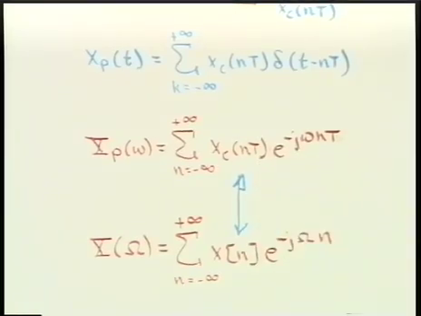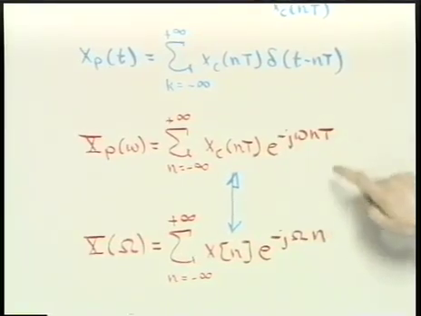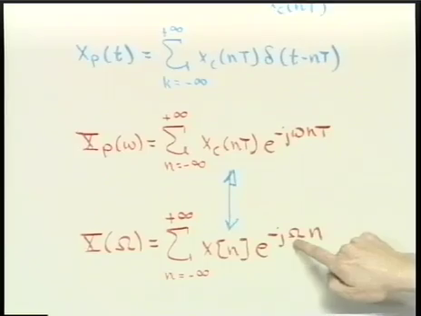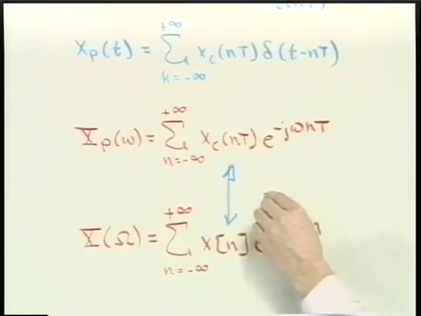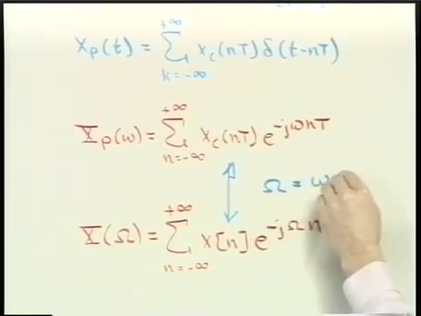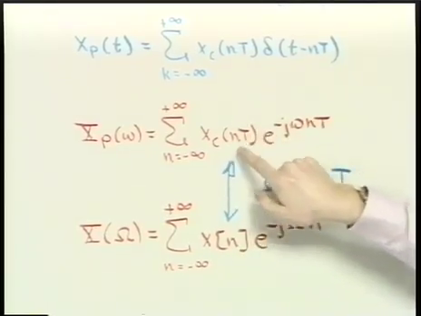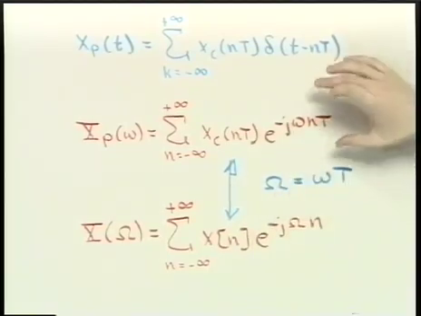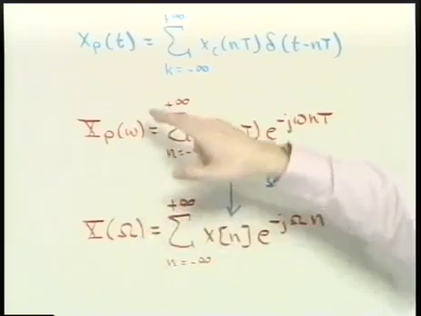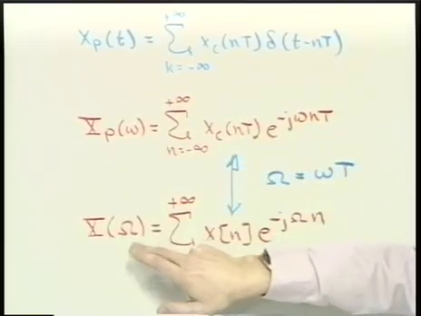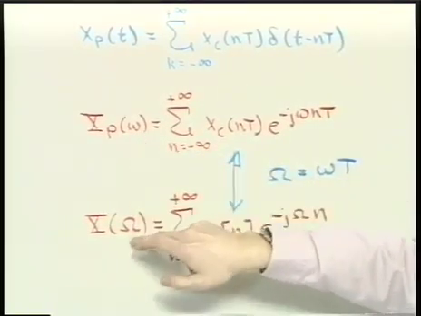And notice that when we compare these exponential factors, they're identical as long as we associate capital omega with little omega times capital T. In other words, if we were to replace here capital omega by little omega times capital T and replace x of n by x sub c of nT, then this expression would be identical to this expression. So in fact, these two are equal with a relabeling or with a transformation between small omega and capital omega.